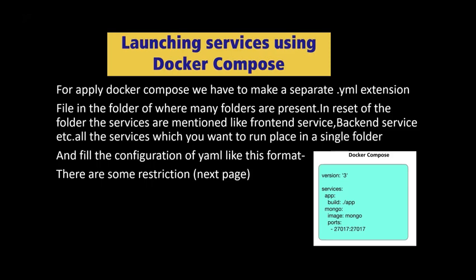So you just mention the front-end custom image, back-end custom image, and database custom image in a single folder. In that folder, you add a .yml extension file, where you can see it here.